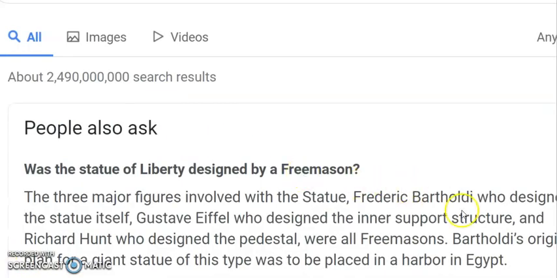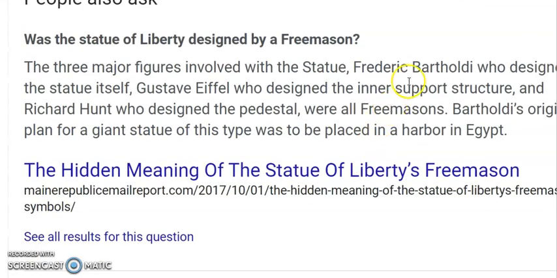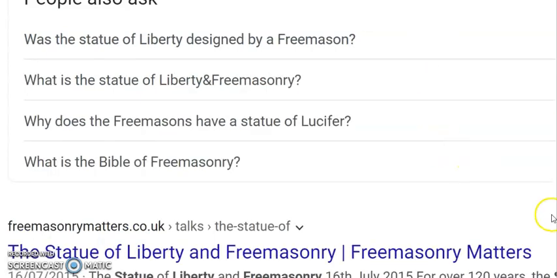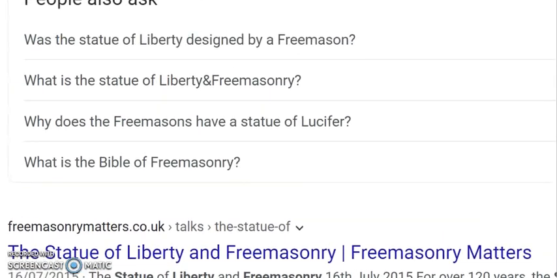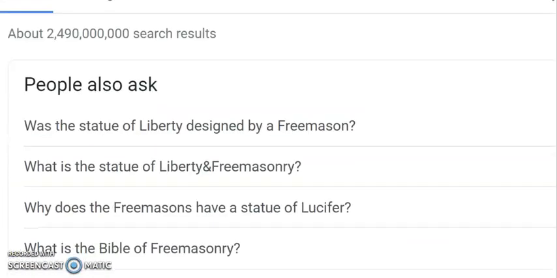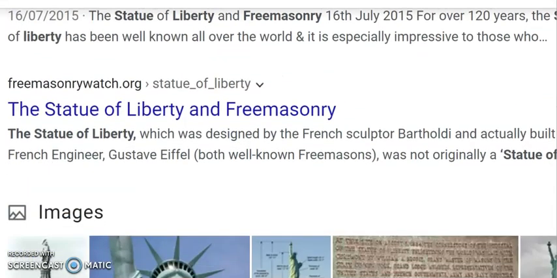So the Statue of Liberty was designed by Freemasons. Frederick Bartholdi, I've seen the Bartholomew idea quite a few times. It's like the bath. You've got a few codes in there. You've got the bath, you've got the bar, the castrated pig, the rabbi type of thing, right? And the Bartholomew's gland or something to do with trans and that, something like that.